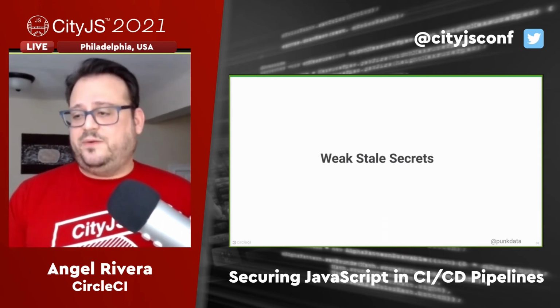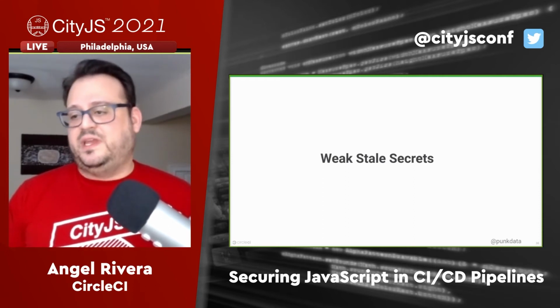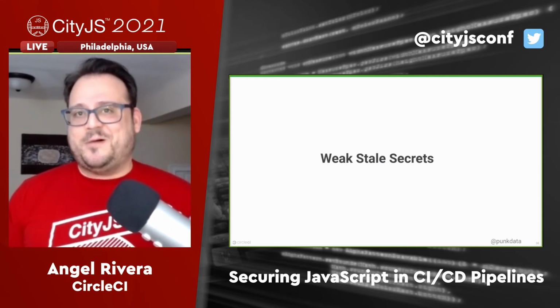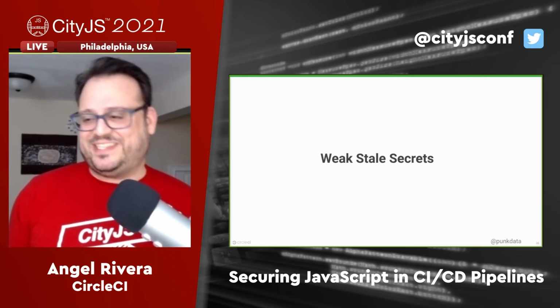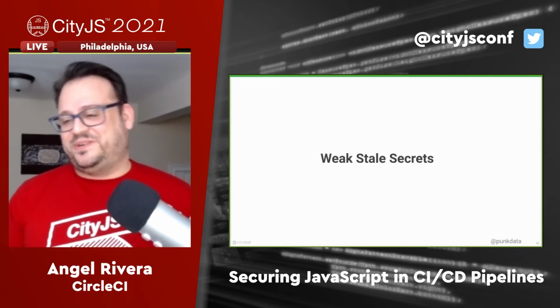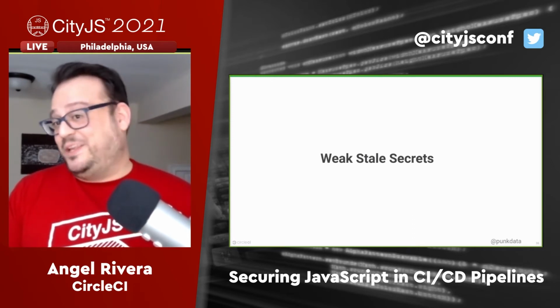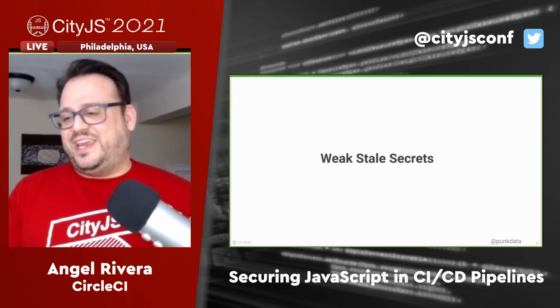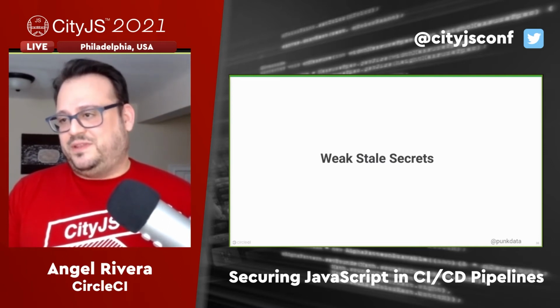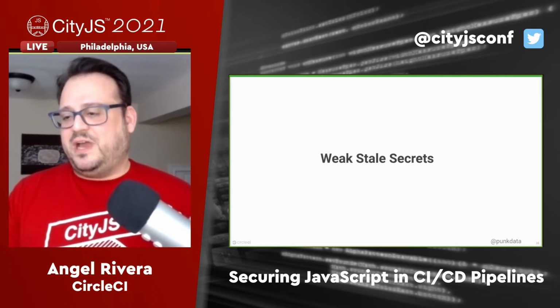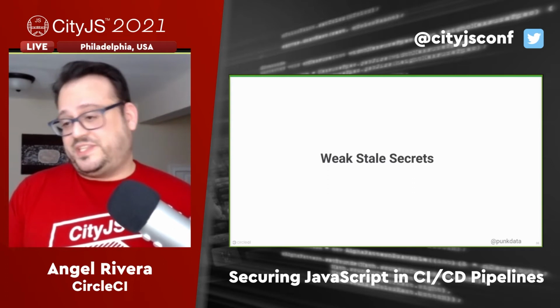But basically, we're humans. We tend to try to understand and remember secrets, like passwords or some kind of token or something. Obviously, if it's a token, it's a little bit more difficult. But in any case, the issue with secrets and CI/CD pipelines is they're weak, or they're stale, they're old.